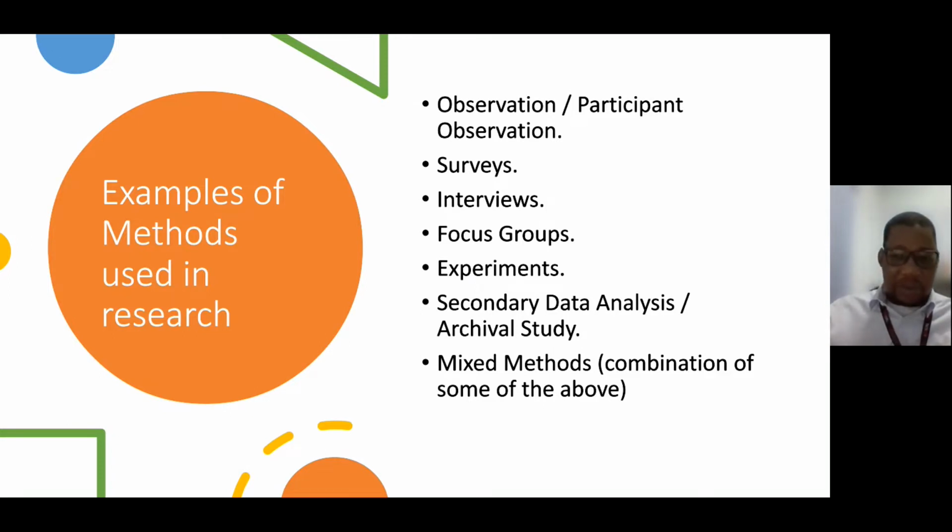We are going to look also at secondary data analysis, information which we do not need to collect through observation, surveys, interviews, focus groups, or experiments. This is information which we are going to collect from existing material.